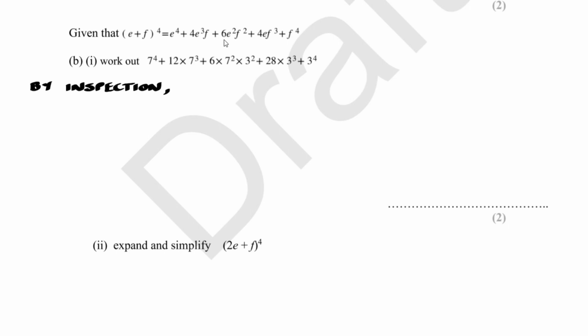Here we have 6e squared f squared. Here we have 28 times 3 cubed. Here we have 4e f cubed. Here we have 3 to the 4. Here we have f to the 4. So therefore, you can see e is equal to 7 and f is equal to 3.